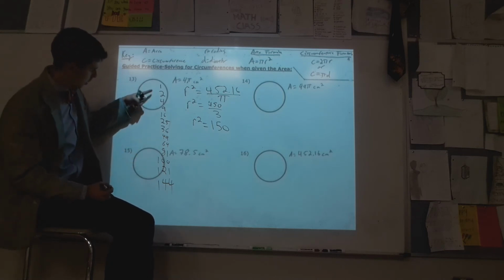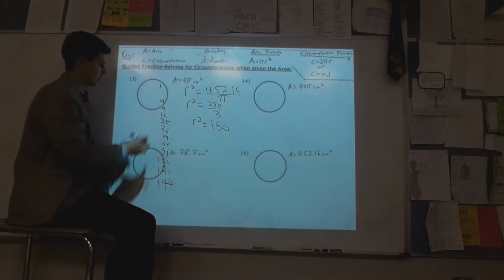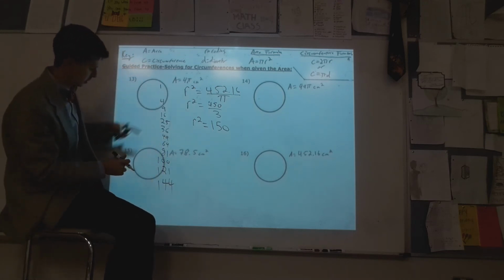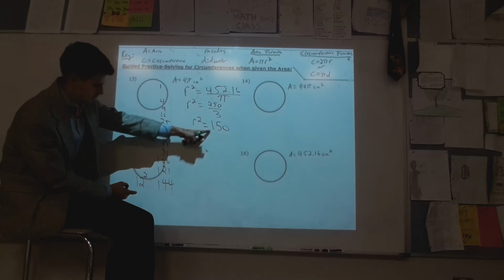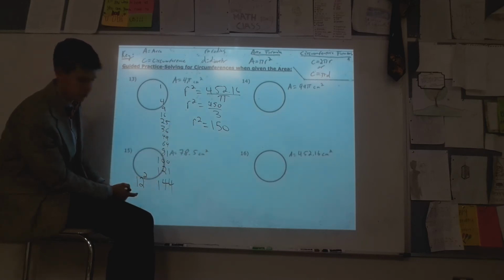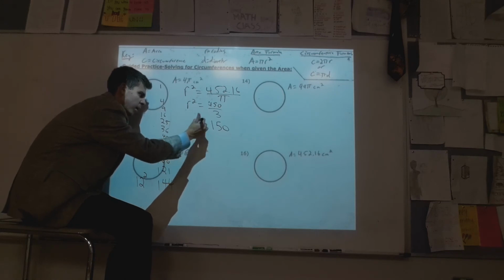So this is 1 squared, 2 squared, 3 squared. Let's start down here. This is 12 squared. What is 150 closest to? 12 squared.